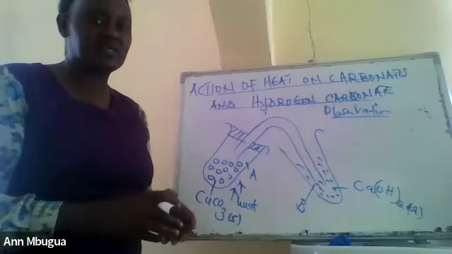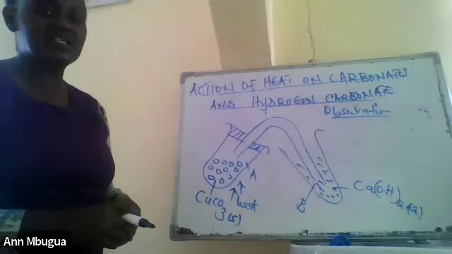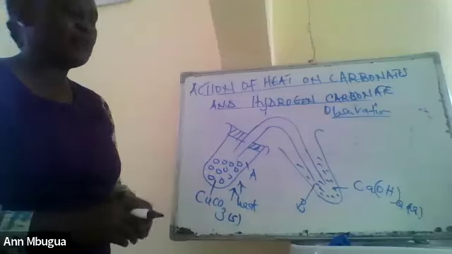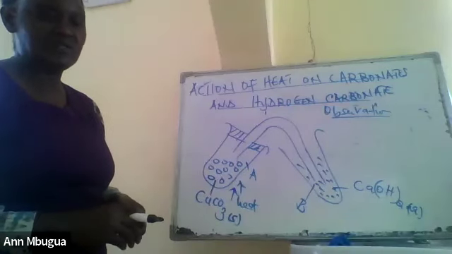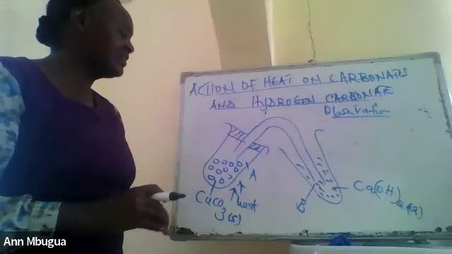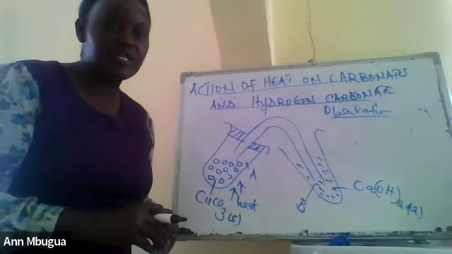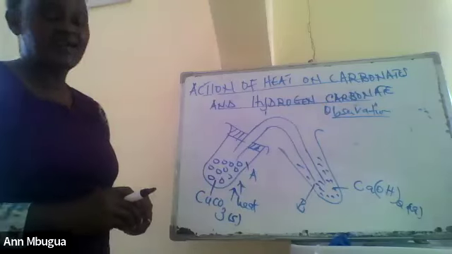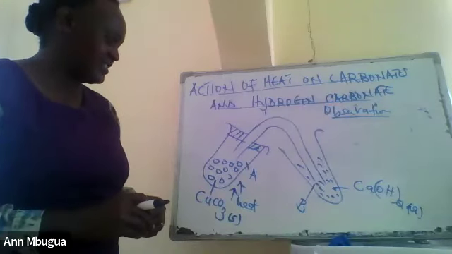So what is the expected observation? The green copper 2 carbonate decomposes to copper 2 oxide, which is black. So the green copper 2 carbonate changes to black copper 2 oxide.